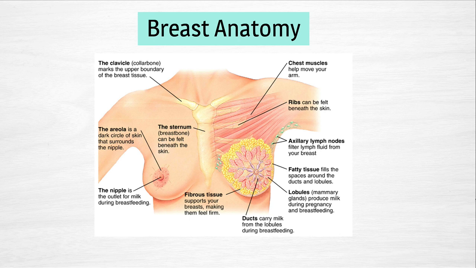There are connections to the nipple, the breast ducts, that carry the milk from the milk-producing cells all the way to the nipple for the baby. There's also fibrous tissue and lymph nodes surrounding the breast. The nipple transports the milk to the baby. And this is the area we are going to be studying today.